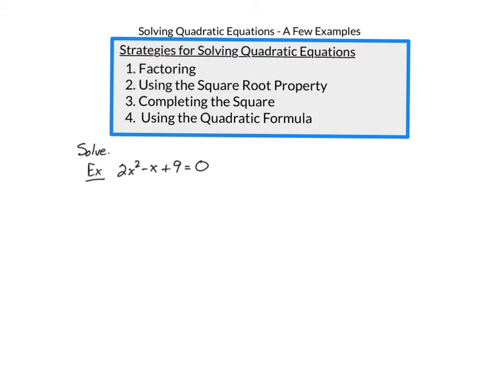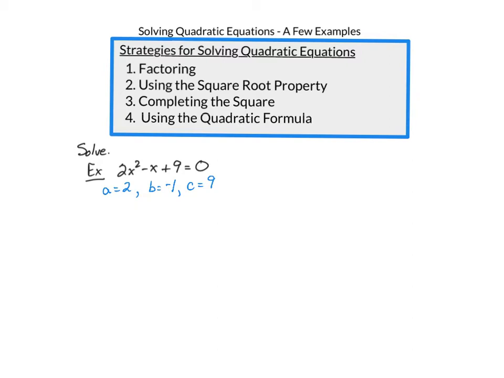So I'm down to using the quadratic formula. So let's identify a, b, and c. A is always the coefficient of your x squared, b is your coefficient of x, and c is the constant. And of course, that assumes that you have it set equal to 0.